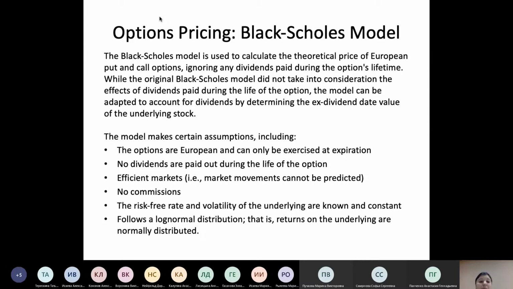No dividends are paid out during the life of the option. And the third condition: efficient market. Market movements can't be predicted. In this case, we won't pay any commissions.